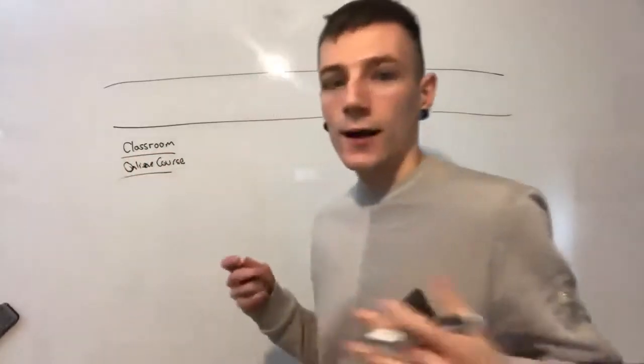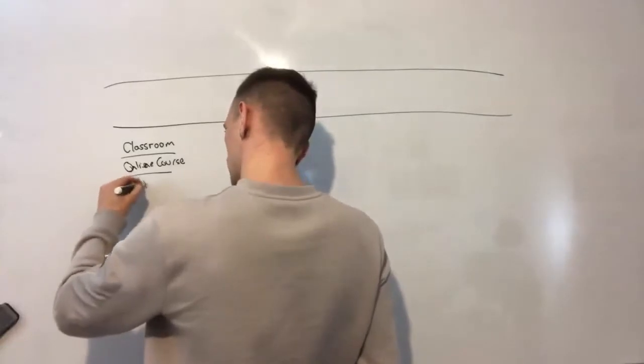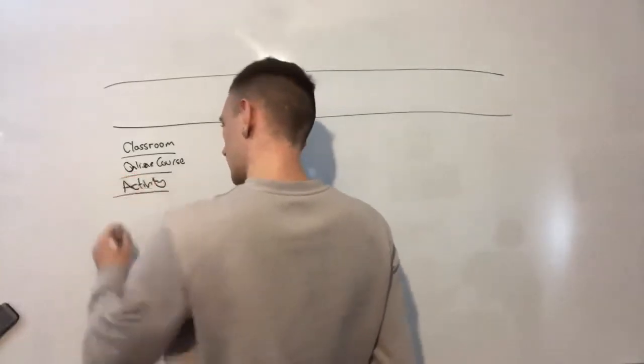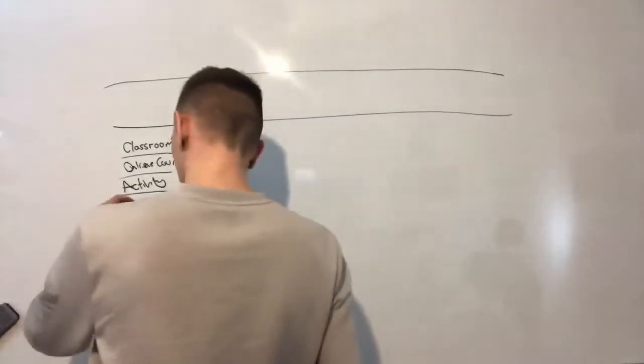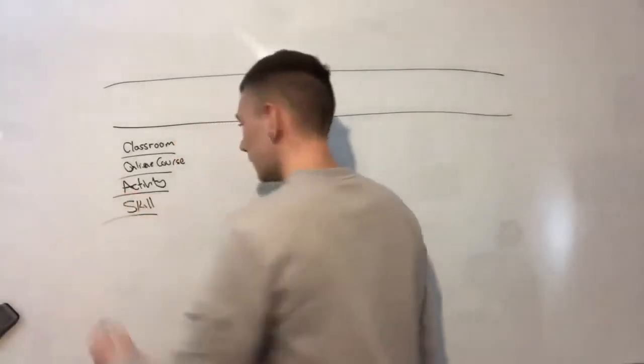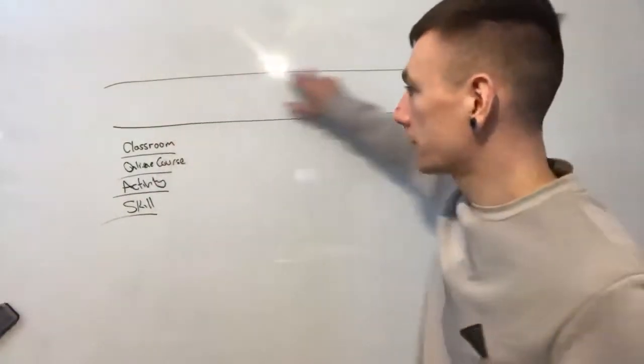This can be an activity that you're doing. This could be a skill that you're trying to learn. It could be all these different types of things, but it's basically a flow of information.